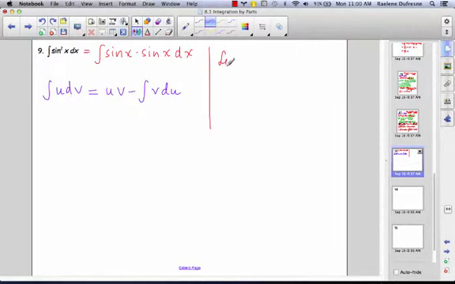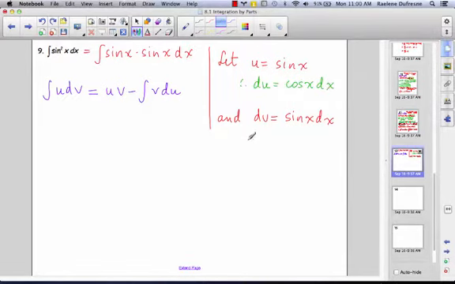And so we don't have the 2 options. We will let u equal sine x and dv equal sine x dx. And therefore we have that du is equal to cosine x dx, and v is equal to negative cosine of x.